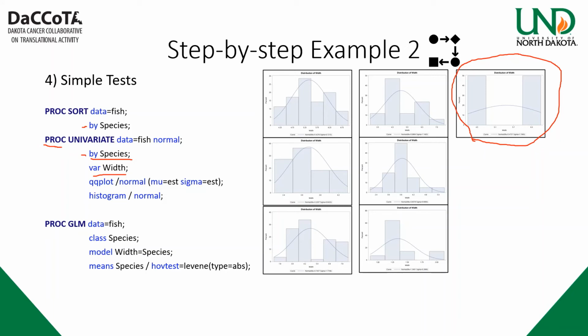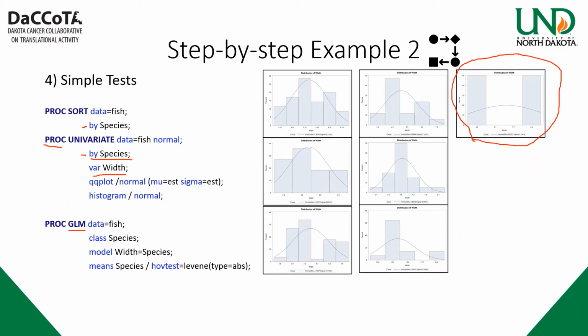Now let's do equality of variance. There are different ways to do it, but what we're going to do here is run a model. We're going to use PROC GLM, which is the generalized linear model. It's a more general approach, so it can do things like ANOVA and more complicated things. It's a nice, multi-purpose tool.